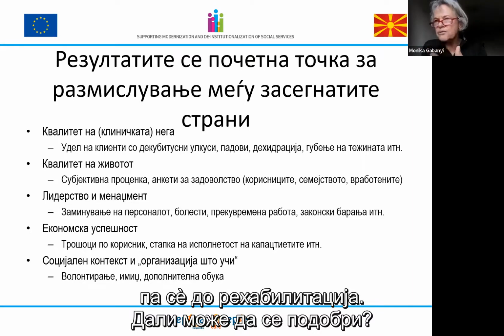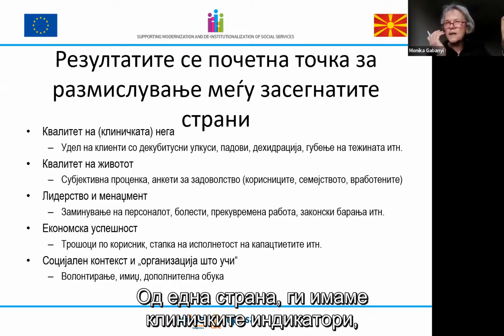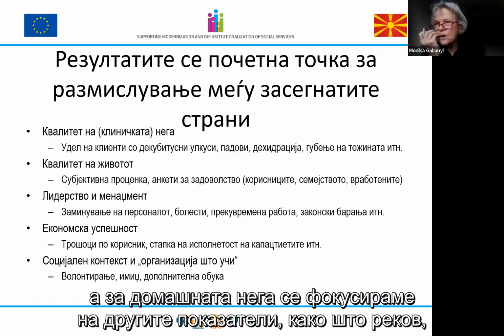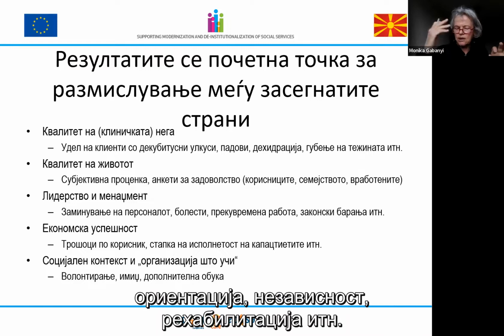Can we improve this? On one hand, we can look at clinical indicators that refer more to residential homes, but also in home care we focus on these other indicators I mentioned: orientation, independency, rehab, and whatever.